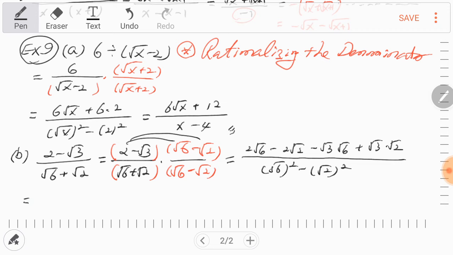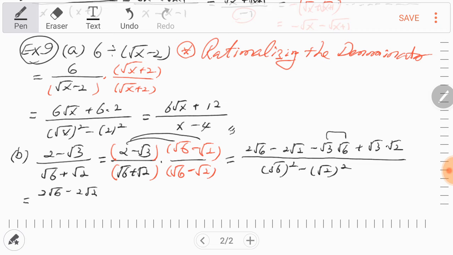Alright, so let's simplify the numerator. Here is 2 square root of 6, and then minus 2 square root of 2. How about these two? 3 times 6 is 18, and 18 is 9 times 2.